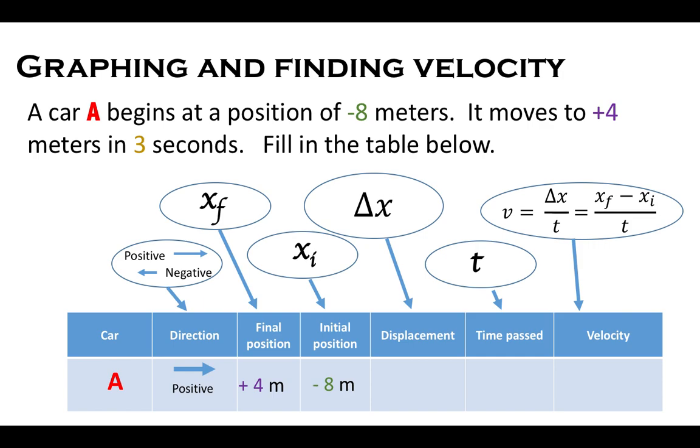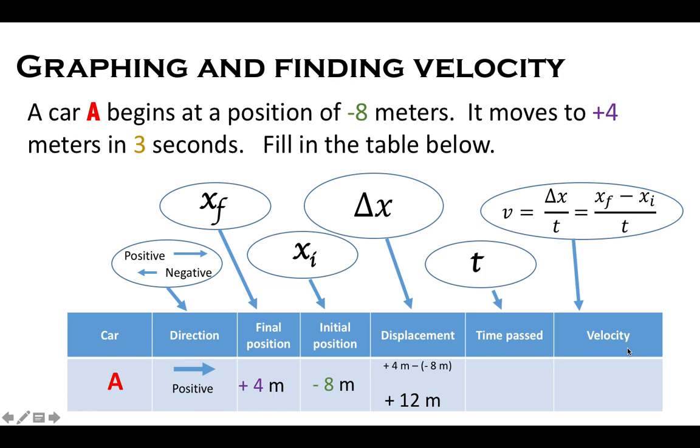It's easy now to find the displacement. The displacement is just the final position minus the initial position. Across the top of this box, we have an example of the calculation, final position minus initial position. So if we have +4 minus -8, that's the same as +4 plus 8, giving us a displacement of +12 meters.